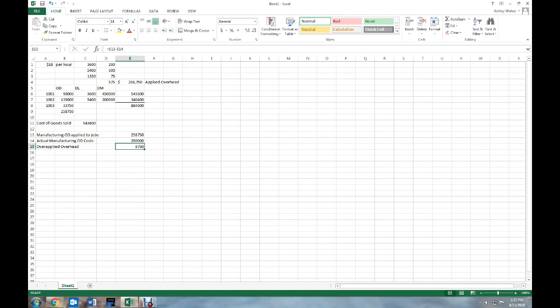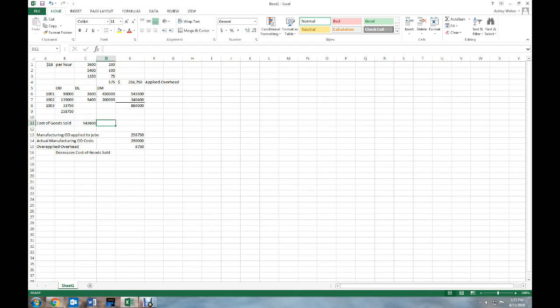So remember what that's going to do to our cost of goods sold. Over applied overhead decreases cost of goods sold, because we anticipated spending $258,750, but we only spent $250,000. So this is going to decrease our cost of goods sold. Okay? So job number 1,001 sold, that's our cost of goods sold.